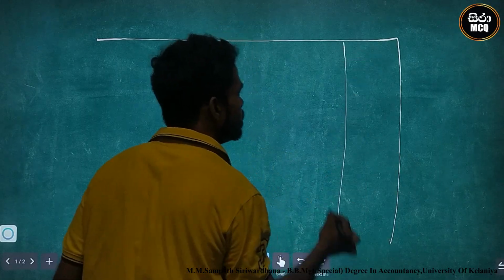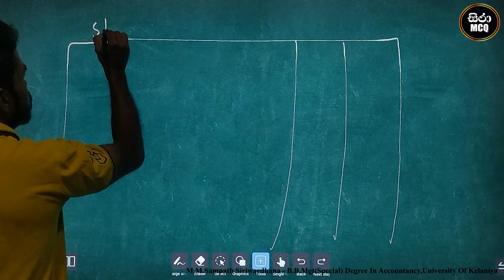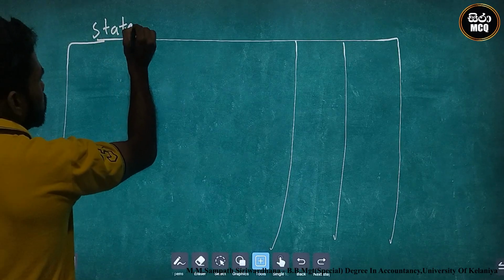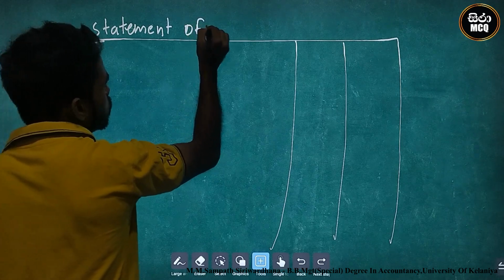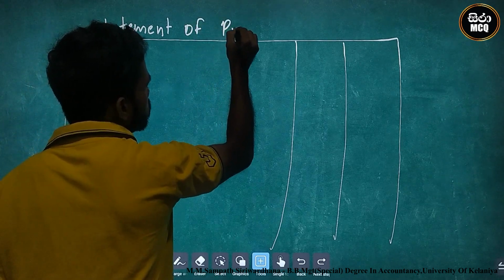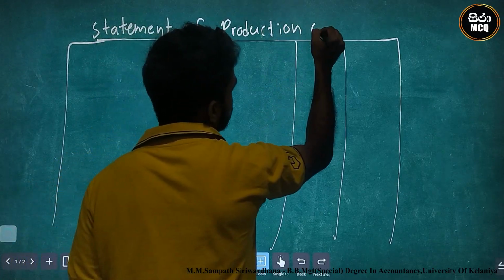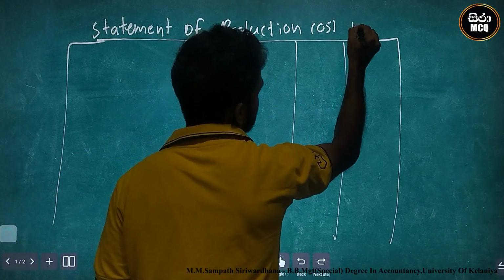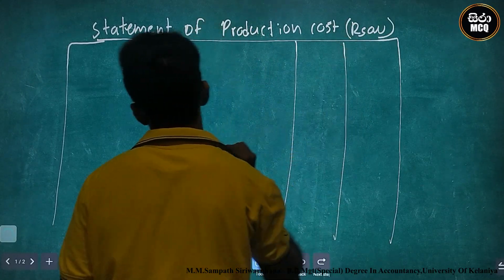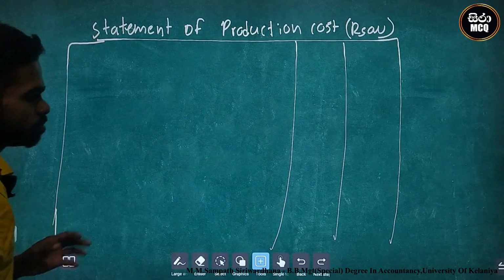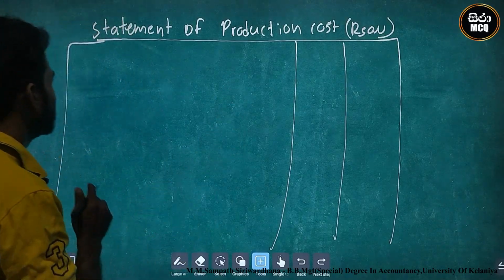What is the statement? Statement of production cost, in 1,000 rupees. What is the structure of this?